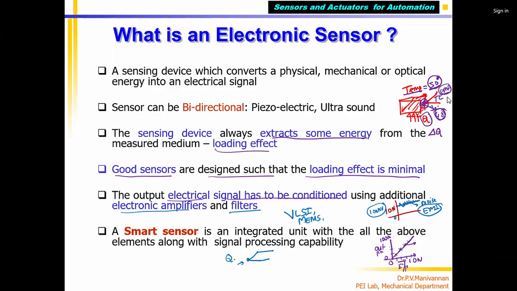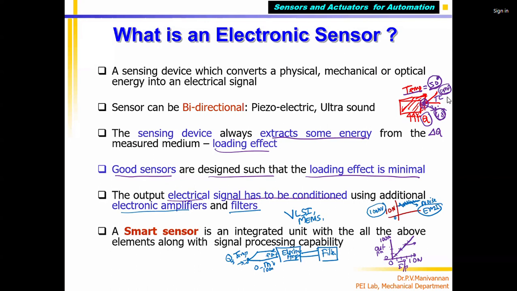It is subjected to heat Q. Because of the temperature, heat will be absorbed by the junction. It generates EMF, which is in millivolts. This signal is 0 to say 100 millivolts and needs to be amplified. So I connect an electronic amplifier, and from there it will be connected to an electronic filter.